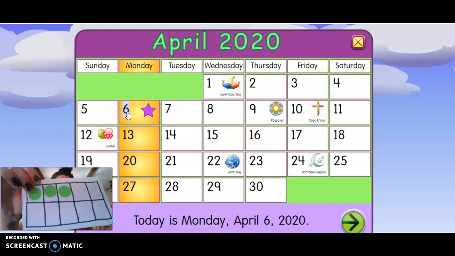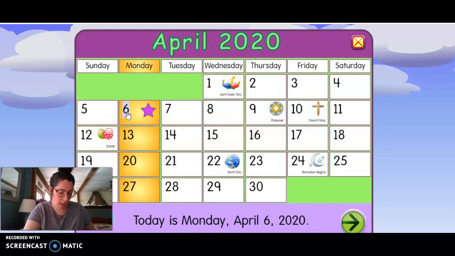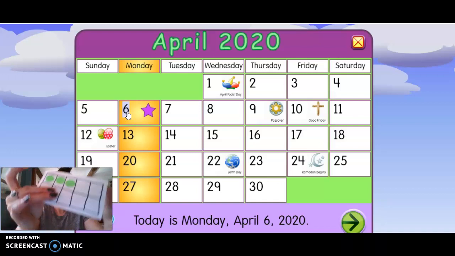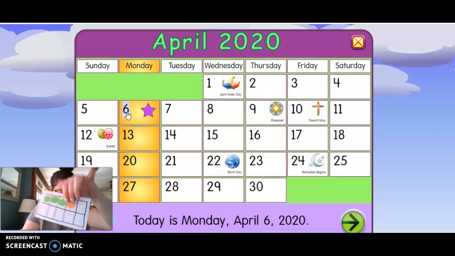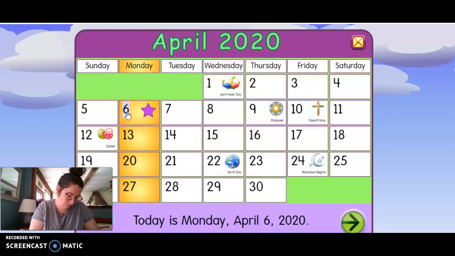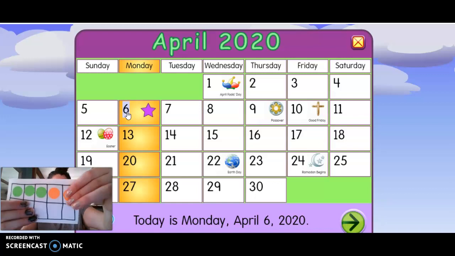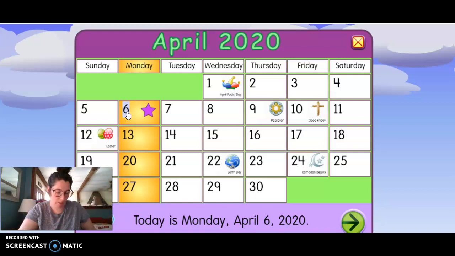We'll do this. 3 green dots. Let's do orange next. April 3rd. April 4th. Right? April. These are sticky. 5th. And one more.